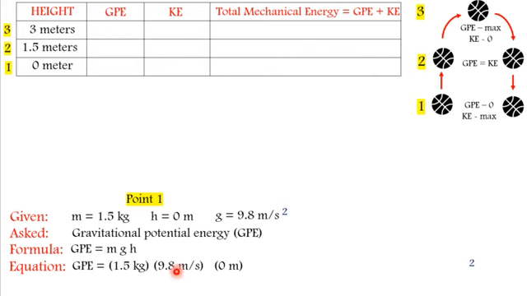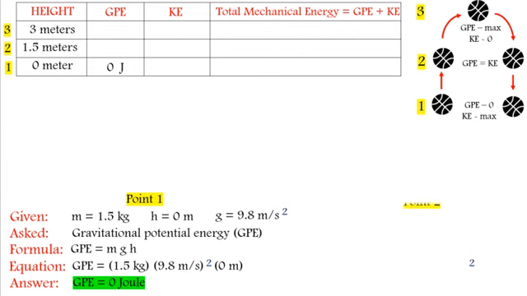The gravity is 9.8 meters per second squared, while the height at point 1 is 0. So multiplying 1.5 by 9.8 and 0 will give you an answer of 0 joules. So at point 1, the GPE is 0 since the height is also 0.